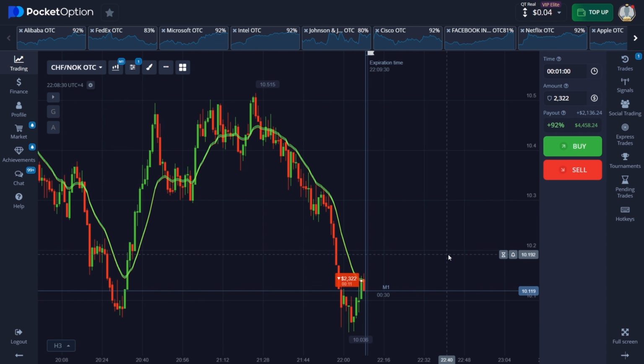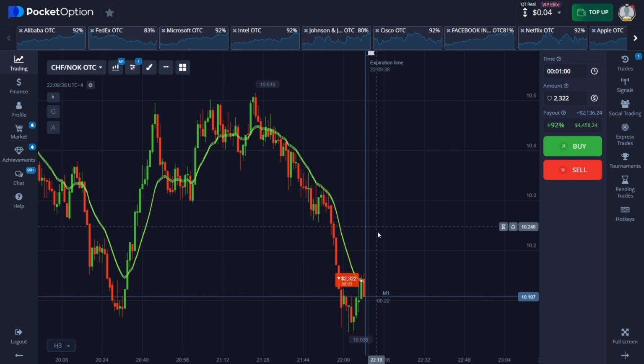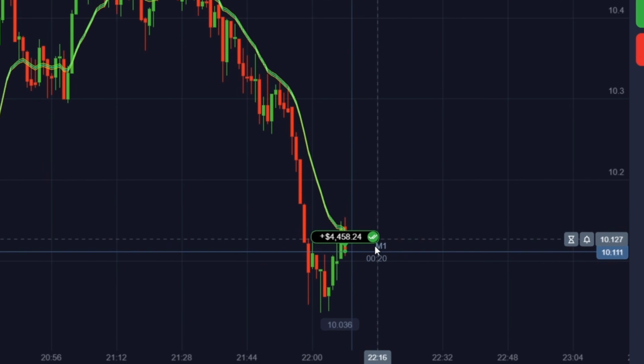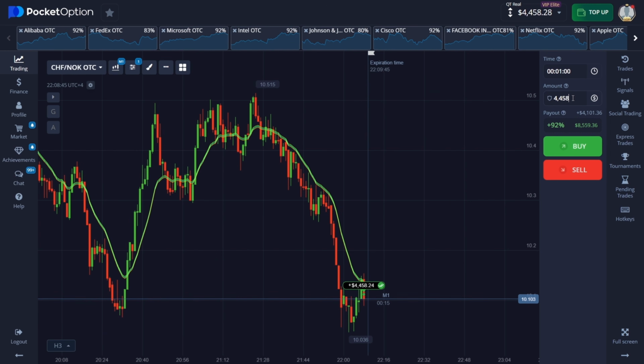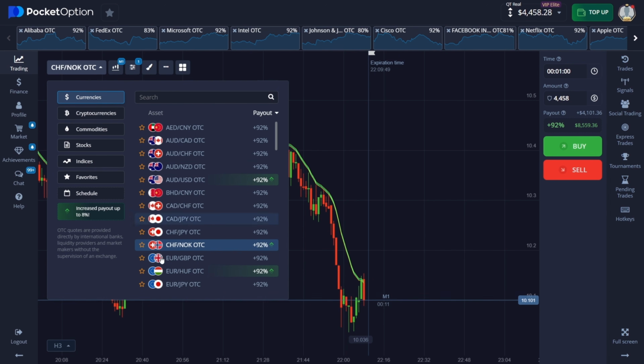The trade was moving in our favor, but with only 10 seconds left, we won another trade. My balance now turned into $4,458. So let's look for a trade for $4,458.